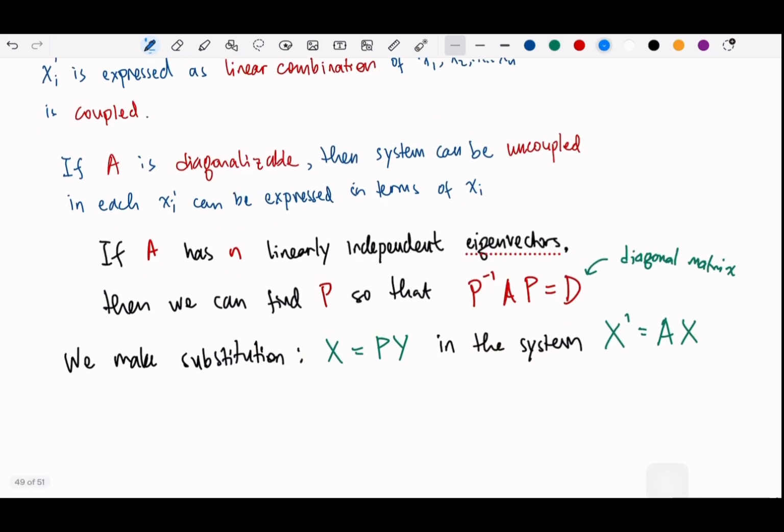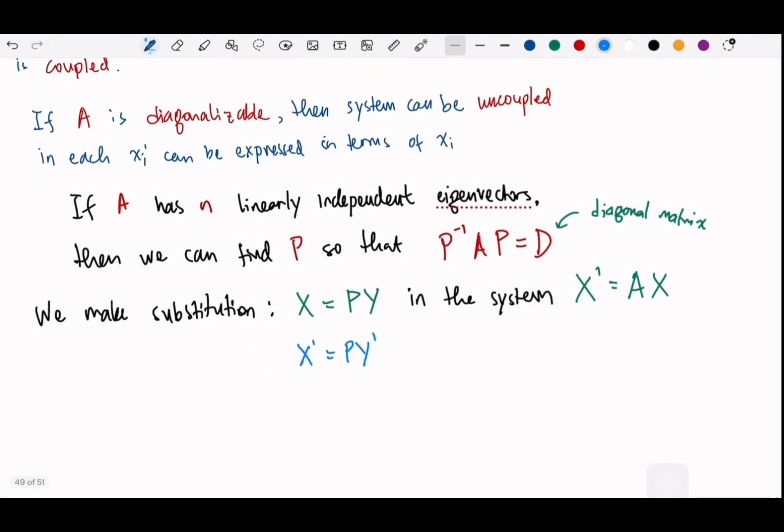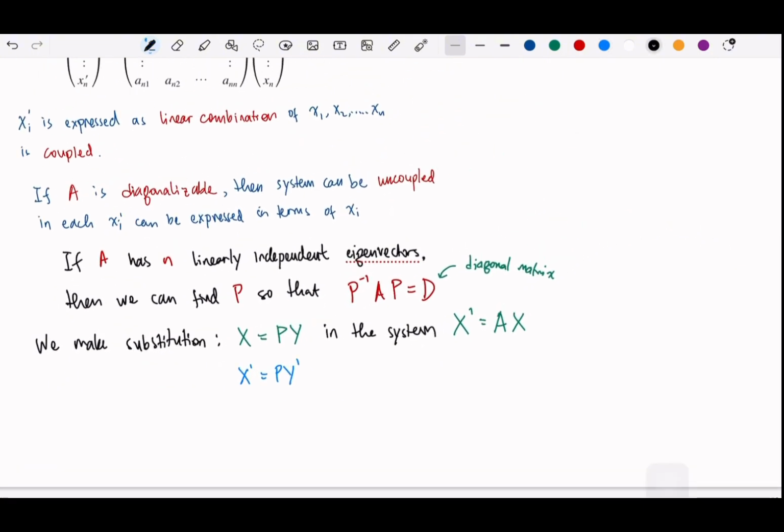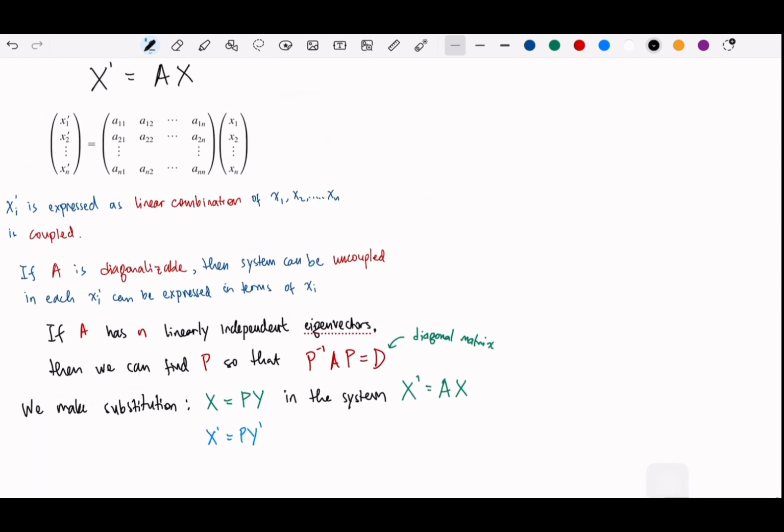So x prime is going to be Py prime. So x prime equals Ax will be Py prime equals A Py.